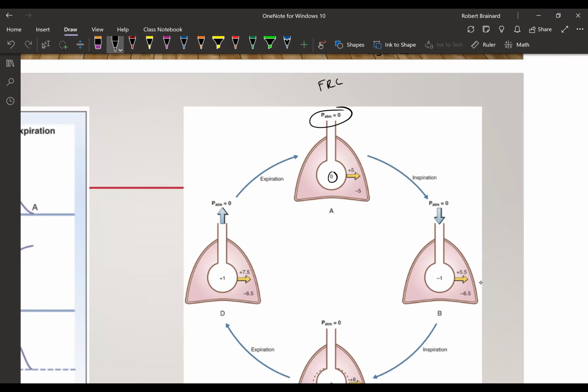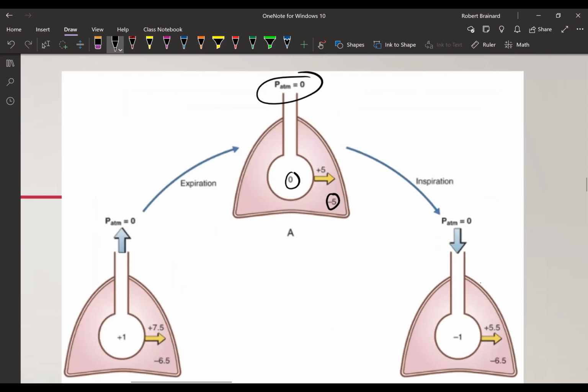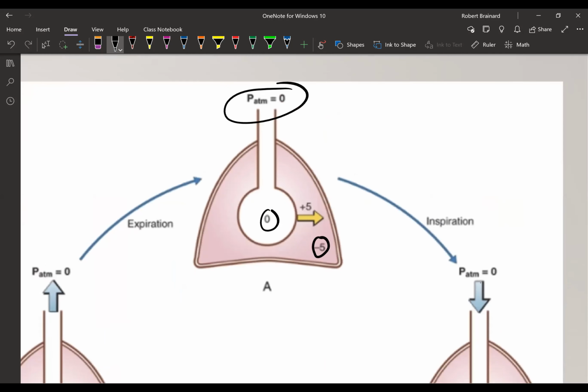In normal FRC, we have a negative intrapleural pressure. Do you all see that? It's a negative intrapleural pressure, and we know that because of the inward recoil of the lung and the outward recoil of the chest wall. Those opposing forces create a negative pressure.